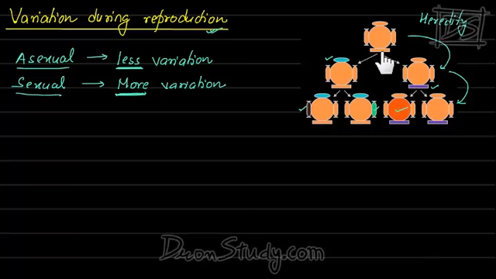This is the basic concept of evolution, that in every generation some changes will be introduced. So after millions of years from now, there will be a generation which will be very different from that of the first generation. That is what will be called as evolution.